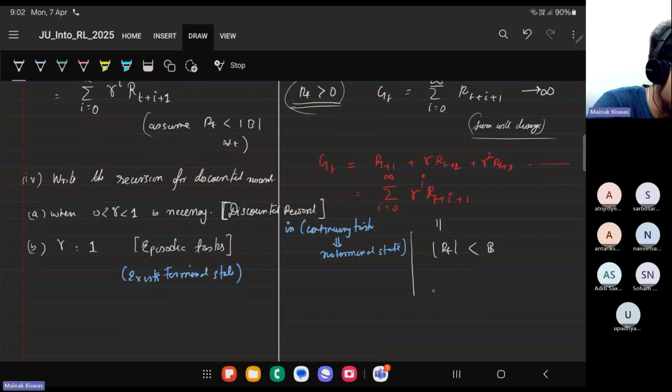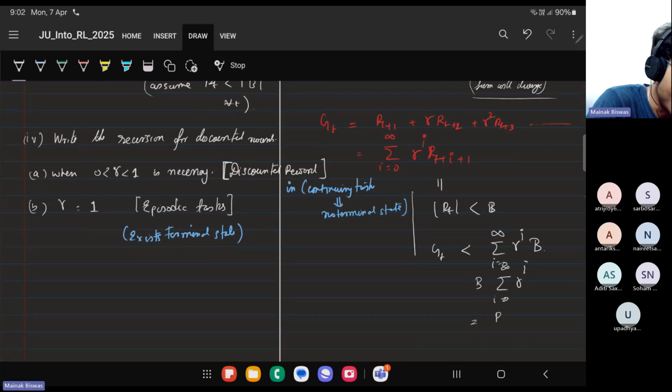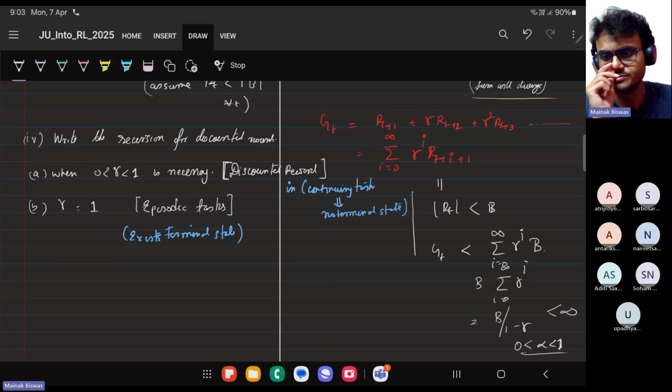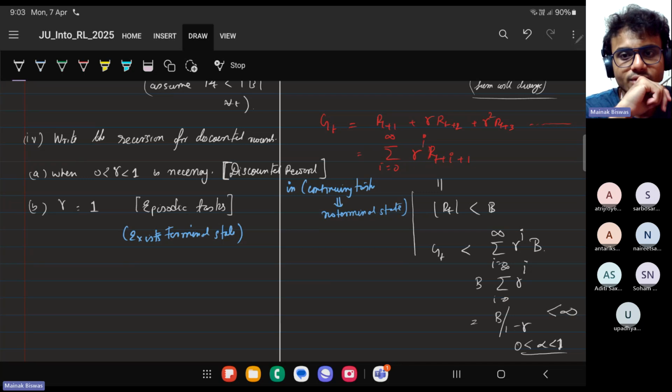So G_t can be written as less than or equal to the summation of gamma to the power i times B, i equal to 0 to infinity. So it's B times 1 by (1 minus gamma), which is less than infinity for all gamma less than 1. Right? Yes or no? Any question?